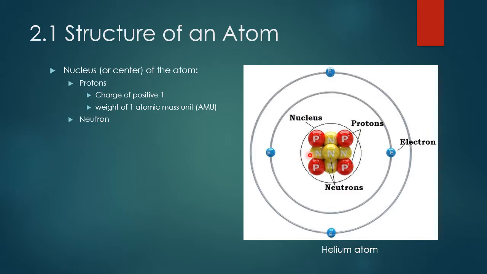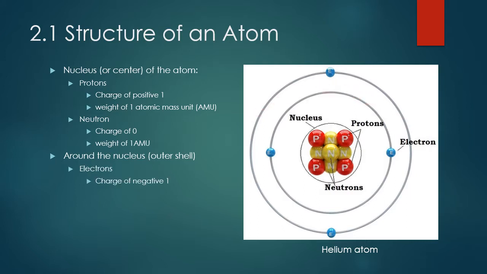Neutrons are also in the center, these yellow ones, and neutrons have a charge of 0, so they don't have any charge, negative or positive, but they do have a weight, just like protons, of 1 AMU, a weight of 1. Around all atoms, we have these electrons floating around, in these electron rings or electron shells, essentially just the outer layer of the atoms.